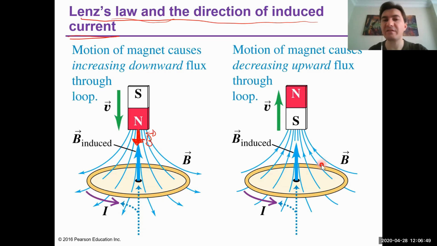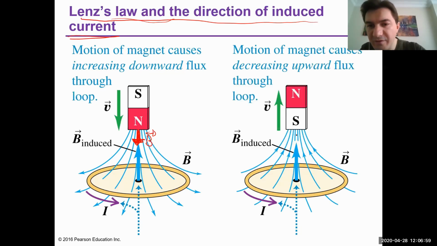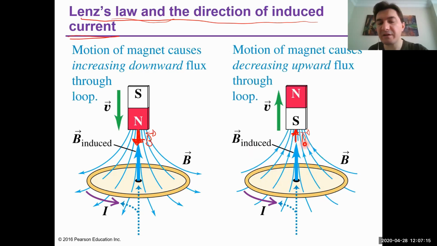So look at the second situation. Here now we have the S pole close to the loop. Let me try to draw the magnetic field. So this is the direction of the magnetic field. You can consider like this. Okay. So due to the magnetic field produced by the S pole, we have magnetic flux like this through that area of the loop.